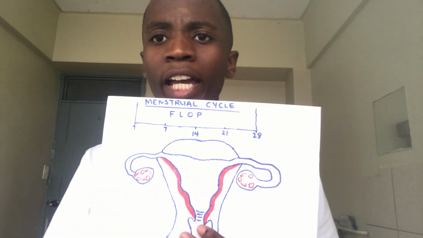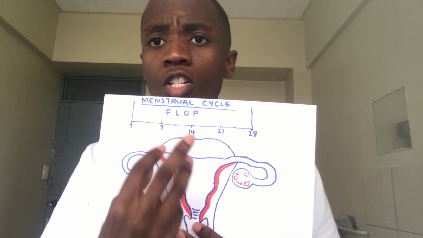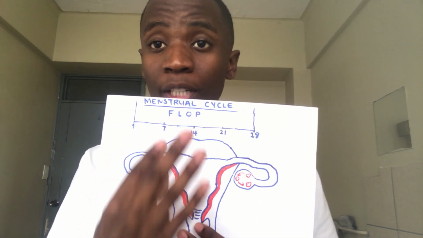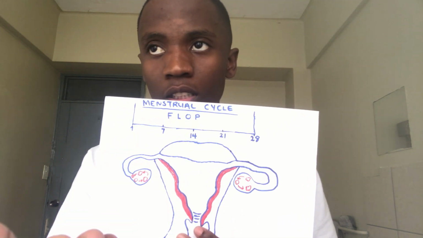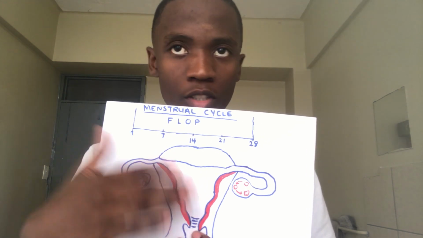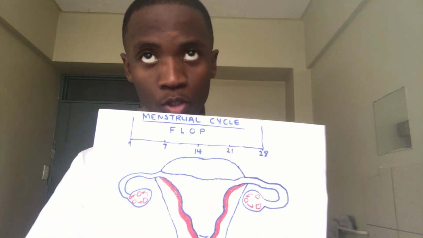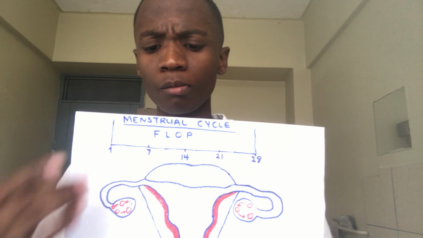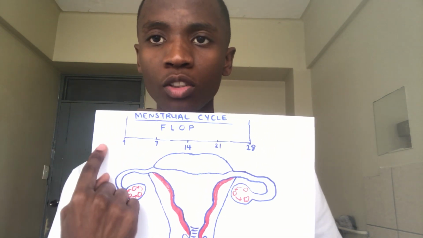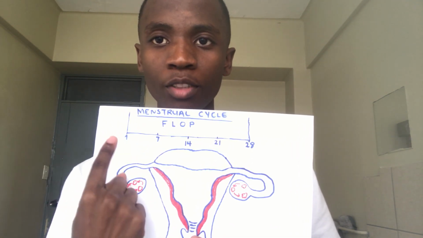This leads to bleeding. This is whereby a female will feel like she's on her period. I hope you understood what happens between these two processes from day 1 to day 7.